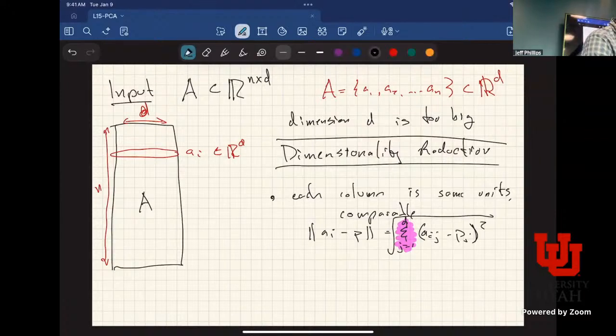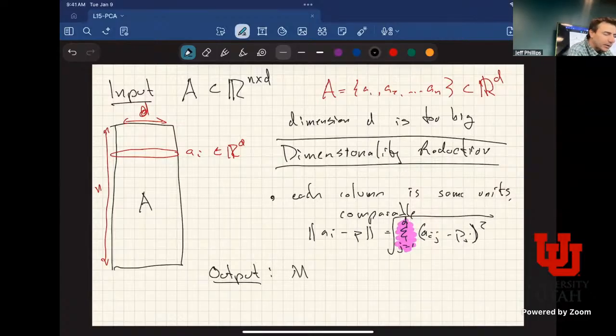The output of this is going to be a mapping. We'll call this pi, and I'll describe this more carefully later, which will go from R^d to R^k, where k is often much less than d.